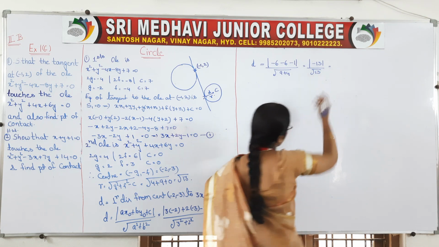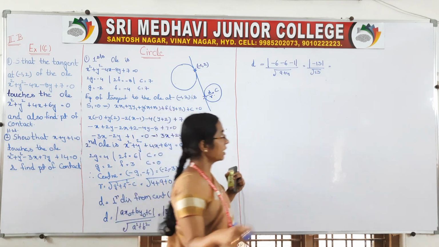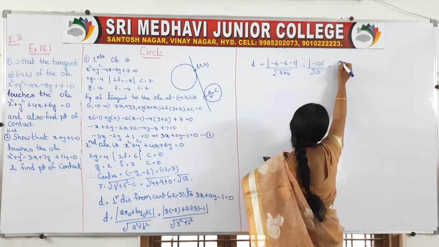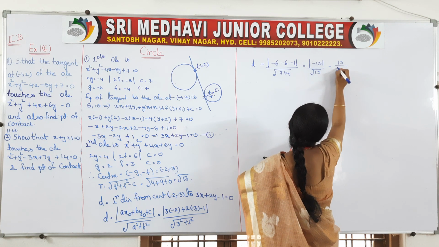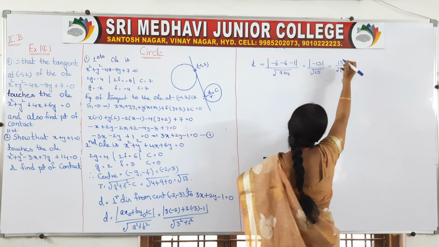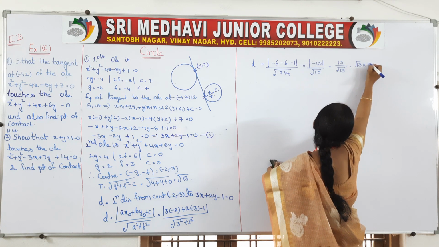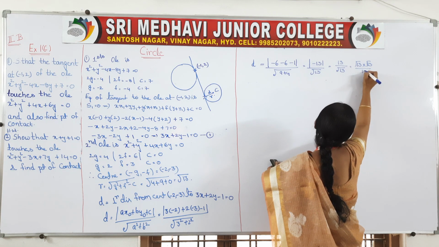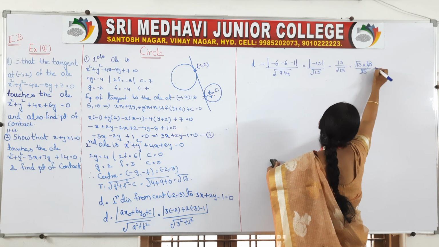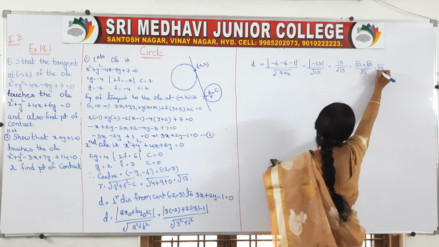I said the value inside the modulus always, right? If it is negative, then also we will get positive value. 13 downwards root 13. This can be written as root 13 into root 13. So one root 13 will get cancelled, it is equal to root 13.